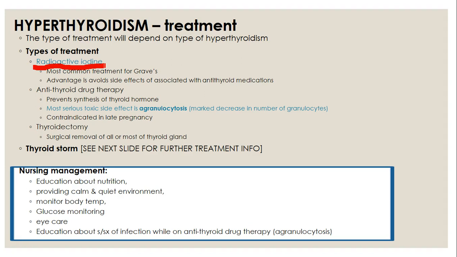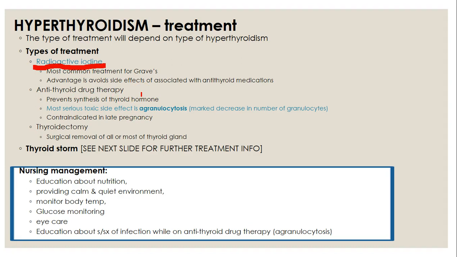So if you give somebody radioactive iodine, it will actually damage that part of the thyroid. The problem is once you damage the thyroid, patients a lot of times become hypothyroid and still have to be on lifelong hormone replacement.